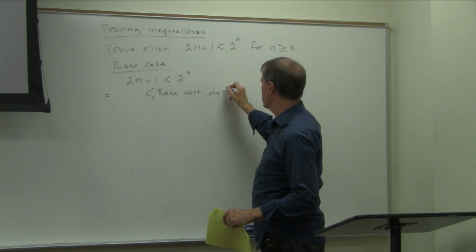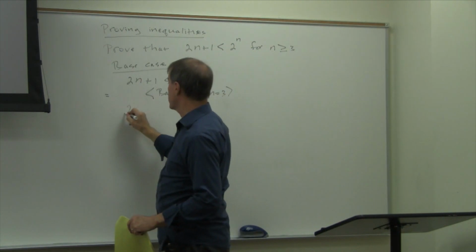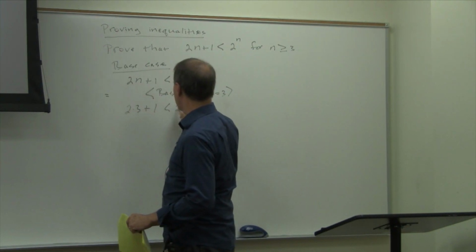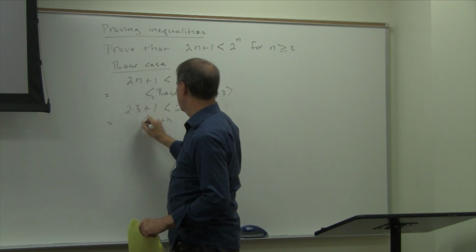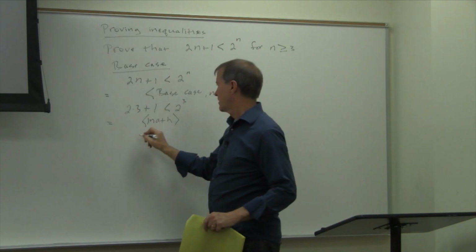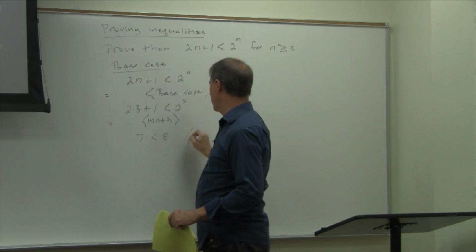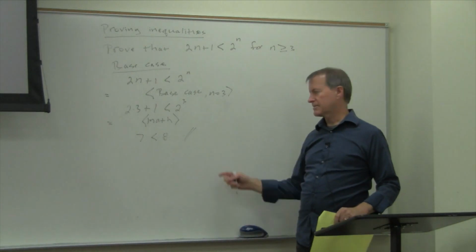You have to identify what the base case is. So we plug in: 2 times 3 plus 1 is less than 2 to the 3, and this equals, by math, 7 is less than 8, and boom. Is everybody good with this?